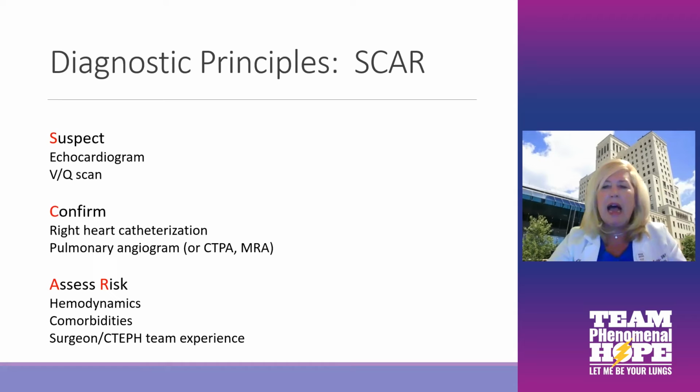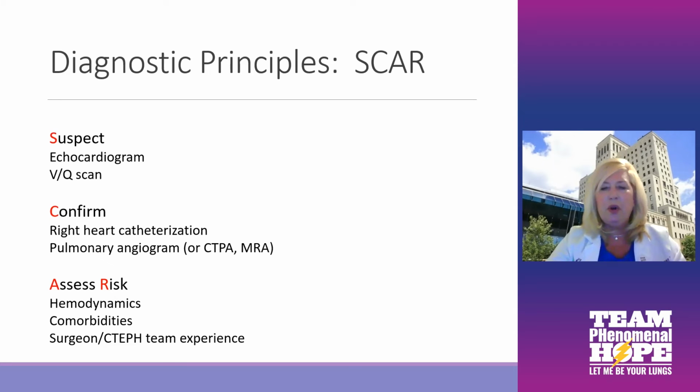So this is just a little acronym that I use, and I think it's pretty straightforward. We suspect CTEPH and PAH by getting an echocardiogram and a VQ scan, and I'll talk to you a little bit about that in just a moment. We confirm, and this is so important because we can't diagnose PAH or CTEPH without confirmation through a right heart catheterization.